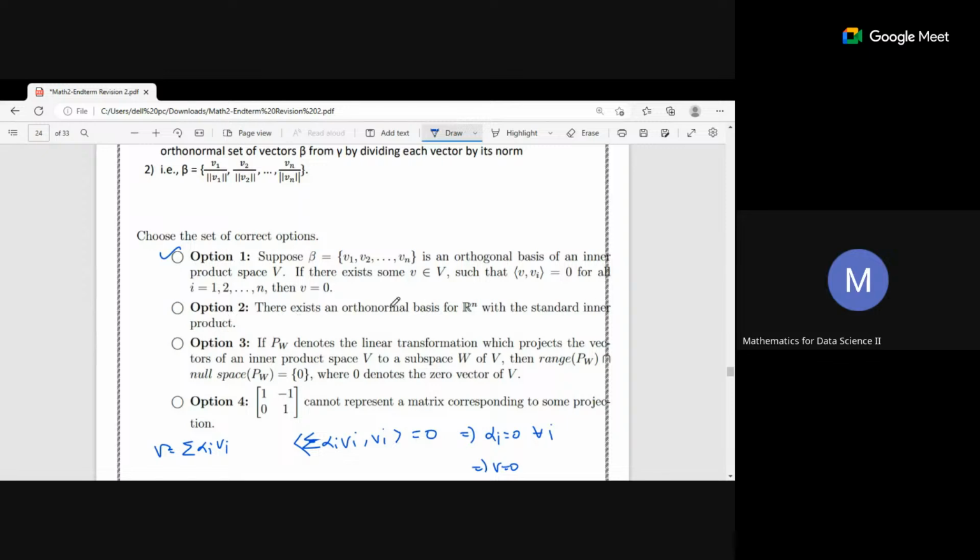What is that orthonormal basis? E1, E2, En. Right? Okay. So PW represents the projection of the inner product space V onto a subspace W. What is the range of PW intersection null space of PW?